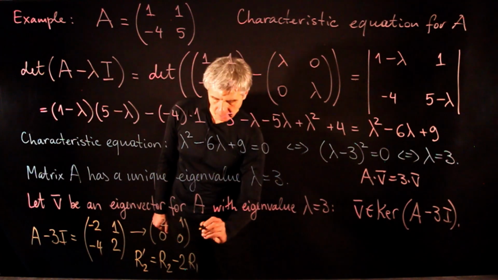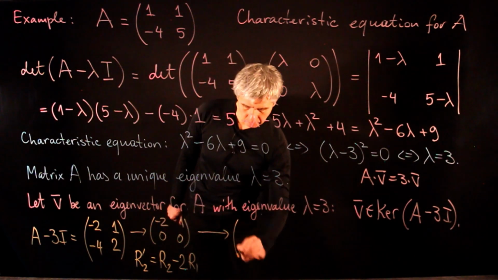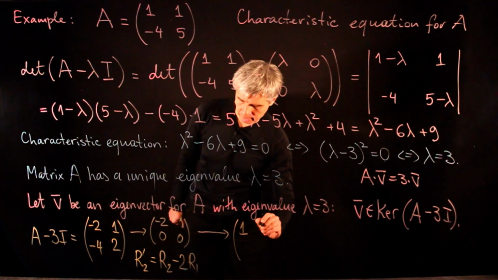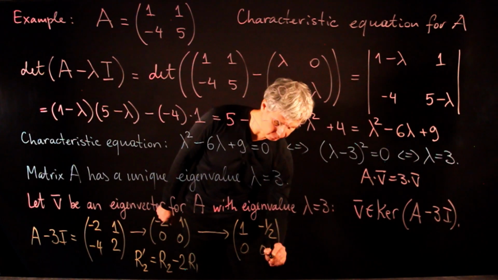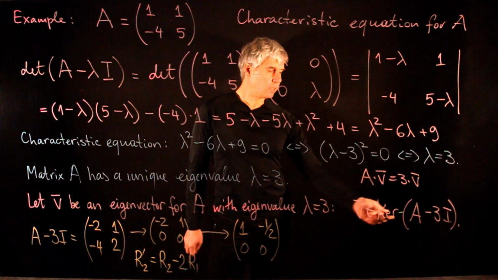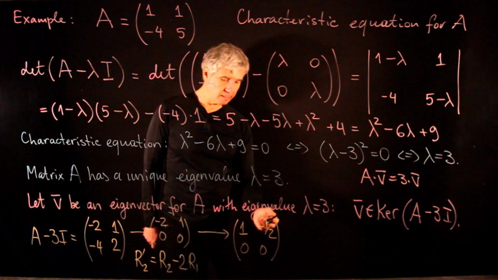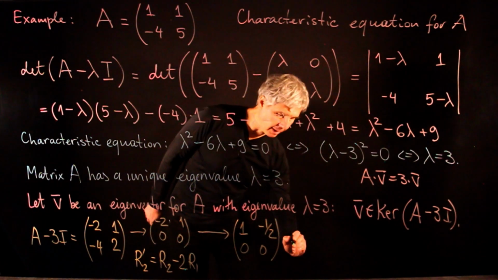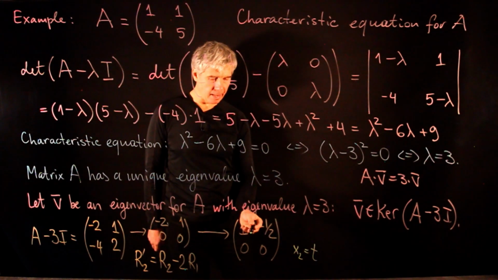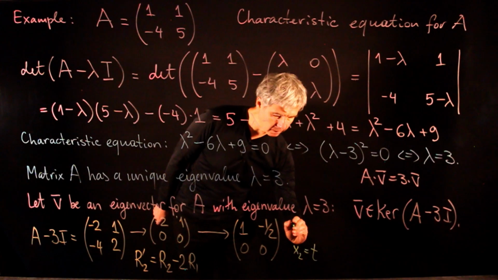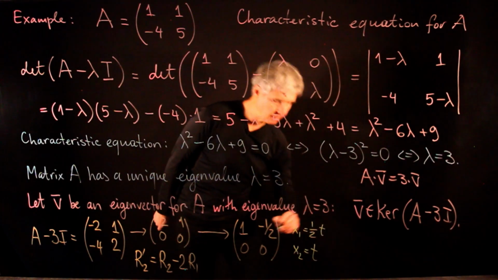And then if we divide the first row by -2, we'll get the matrix 1, -1/2, 0, 0. So here we need to describe the null space of this matrix. We see that x2 is a free variable. So we say that x2 is equal to t, and x1 is then equal to 1/2 t.